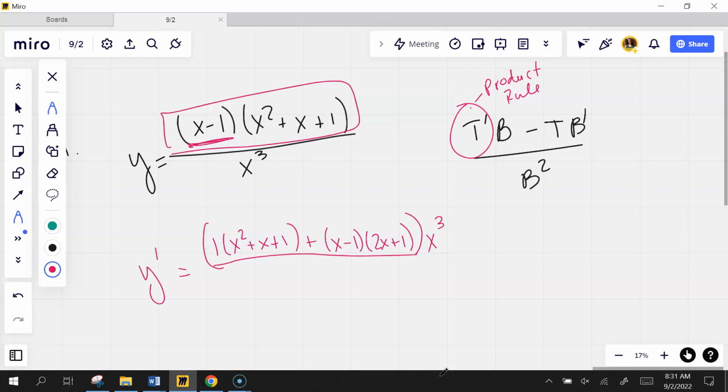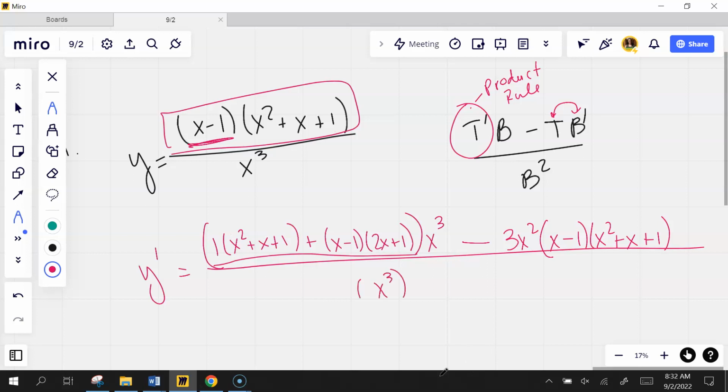Now I have to do minus, because I still have to do quotient rule because it's still a quotient, right? So now I have to do minus, and I'm going to move these around. I'm going to do the derivative of the bottom first. 3x squared times x minus 1, x squared plus x plus 1, and everybody goes over the bottom.